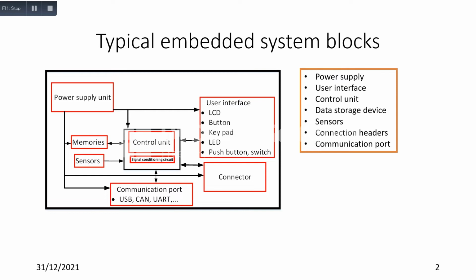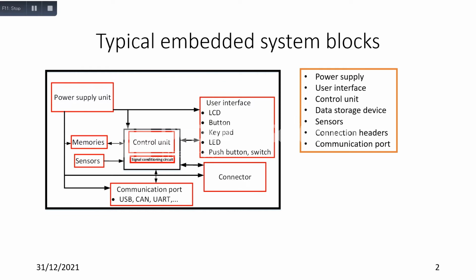Since a converter is an embedded system, before constructing the block diagram for a 2 kilowatt converter, we need to look at a typical embedded system block diagram. Any embedded system has one or more parts from the list stated inside the yellow rectangle. Power supply unit.